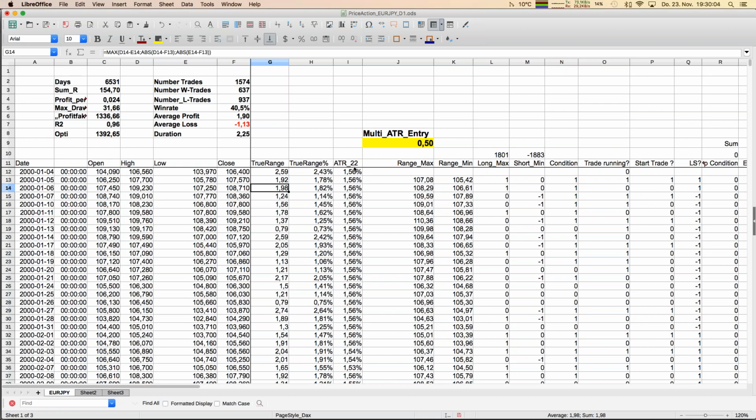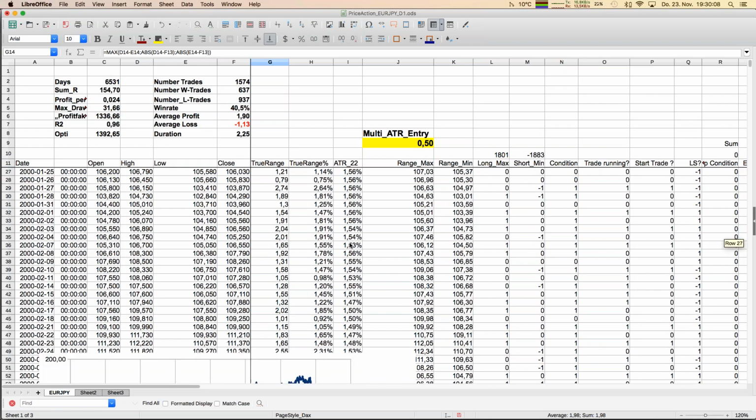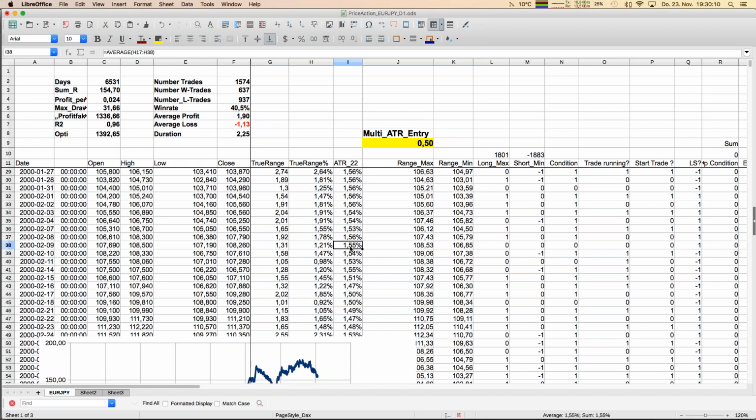And finally, we do the averaging, not for the first candles because it's not defined. But for example, here, just so that you see what I do, it's just the average of the last 22 candles. So that means we have that ATR 22. That's about 1 month for D1 candles, and that's the reason.